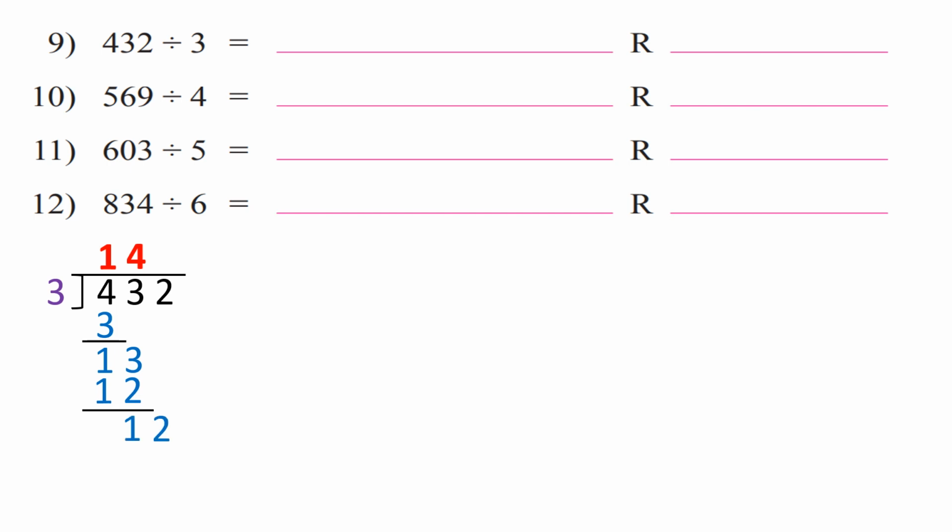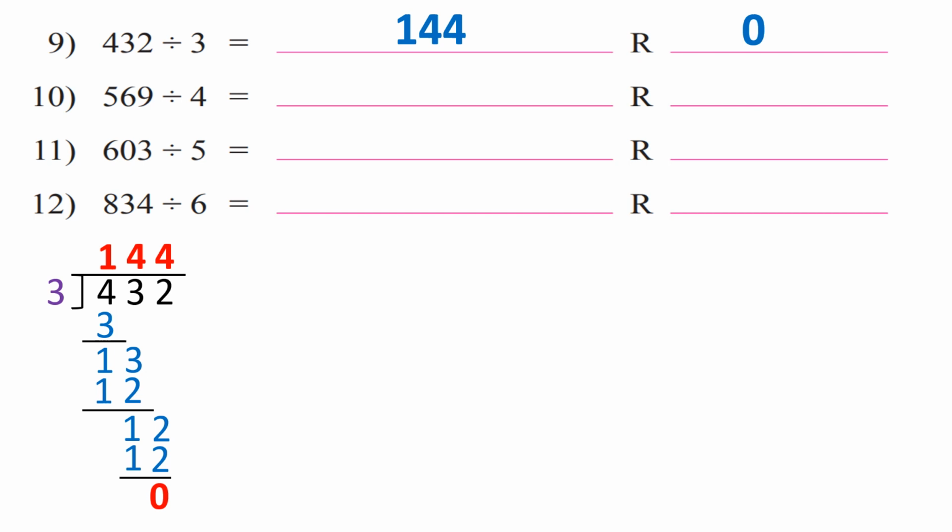Then bring down 2, you have 12. 12 divided by 3 is 4. 3 times 4 is 12. Next is 12 minus 12 is 0. Your answer for number 9 is 144, remainder 0.